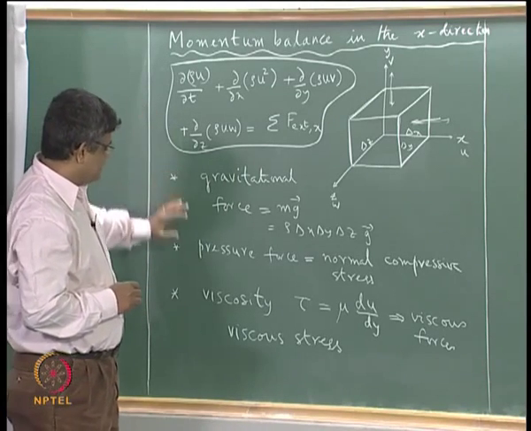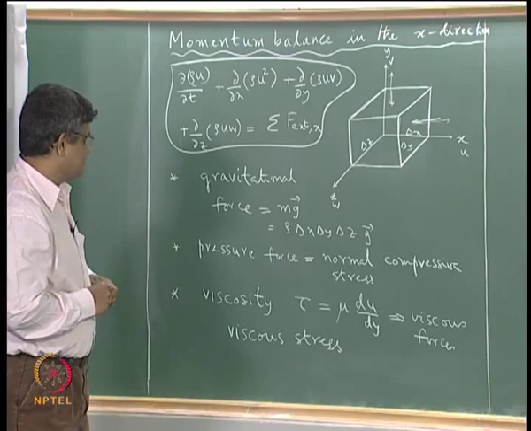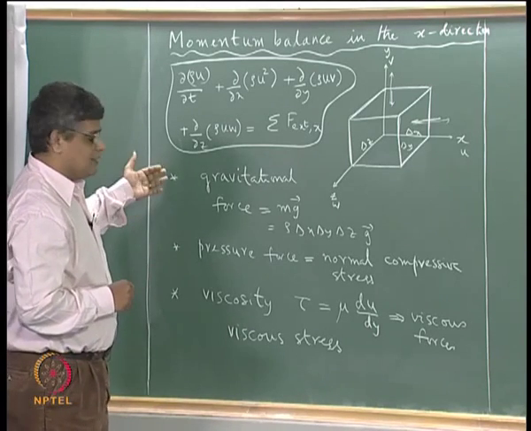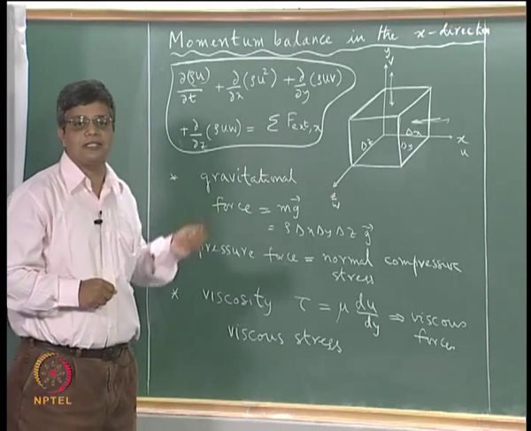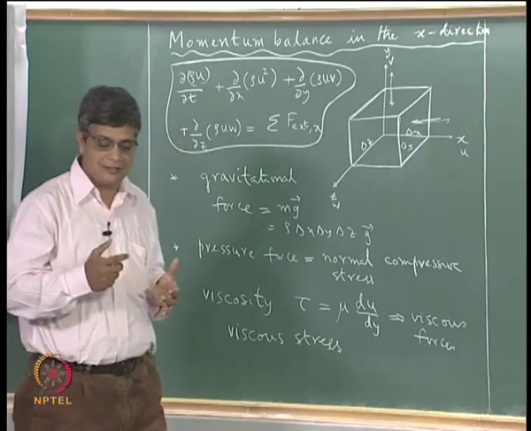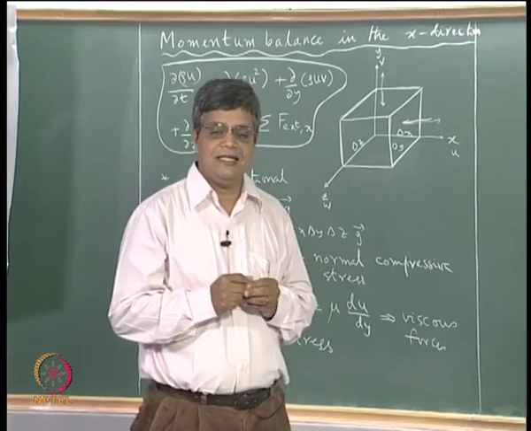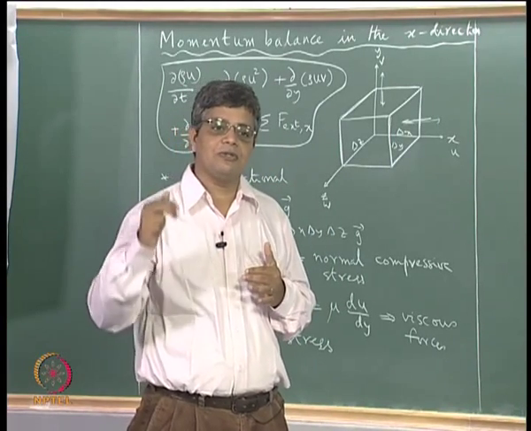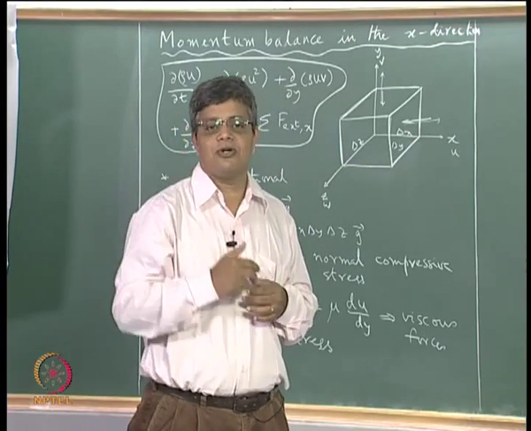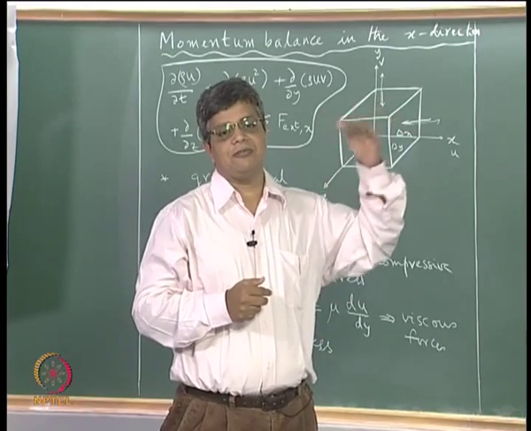So we can consider these as the main forces that are acting on this, and surface tension is a force that we have to consider, and it is an inherent property of the fluid. But surface tension is a force which appears only at something like an air water interface, only at the edge of the boundary.